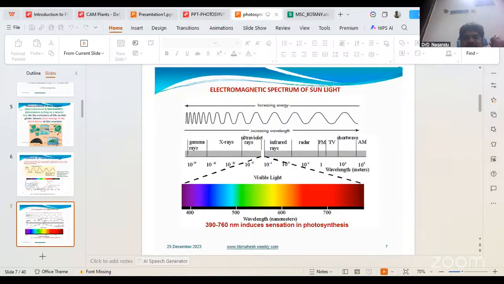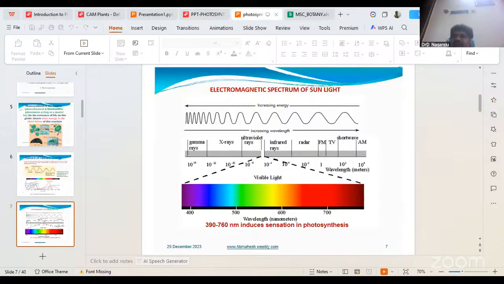This is the visible light spectrum. We call these VIBGYOR: violet, indigo, blue, green, yellow, orange, red. Seven colors of visible light, like a rainbow.